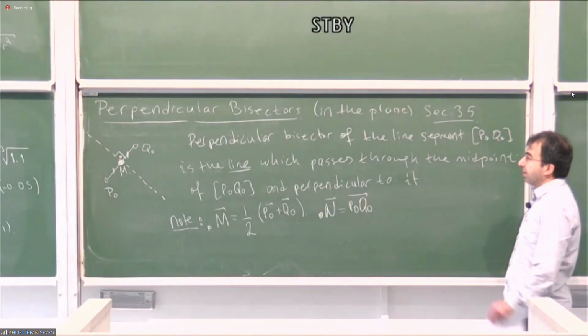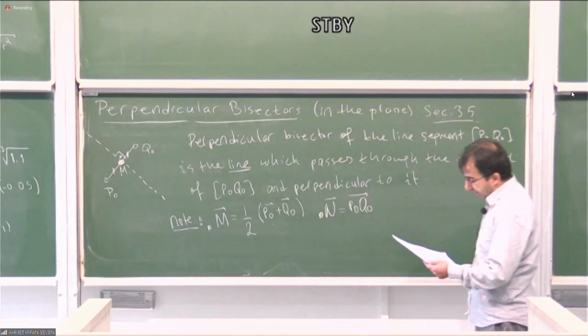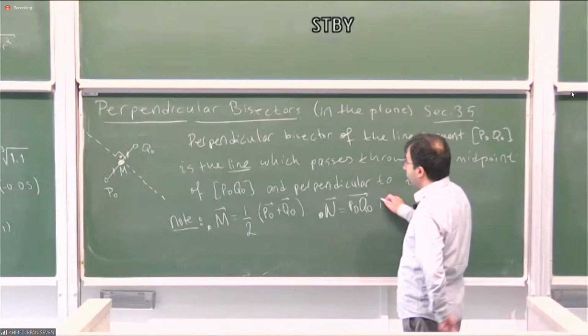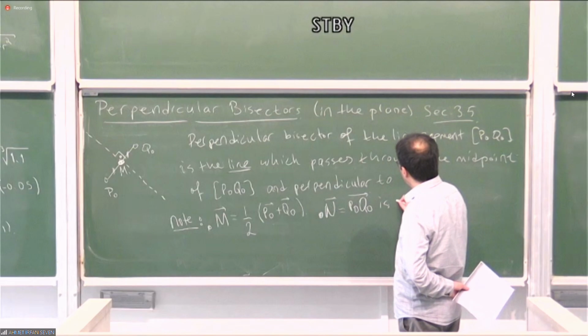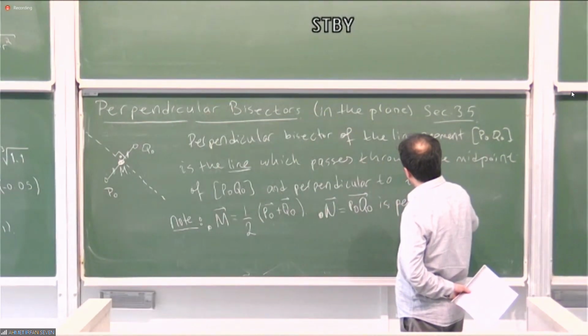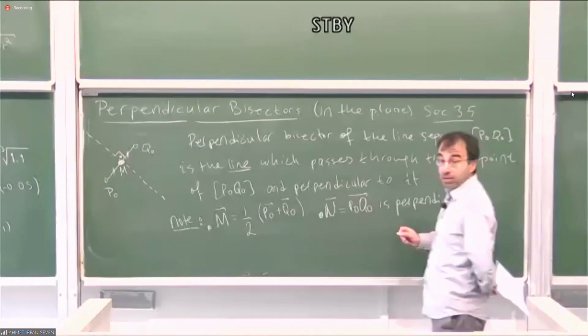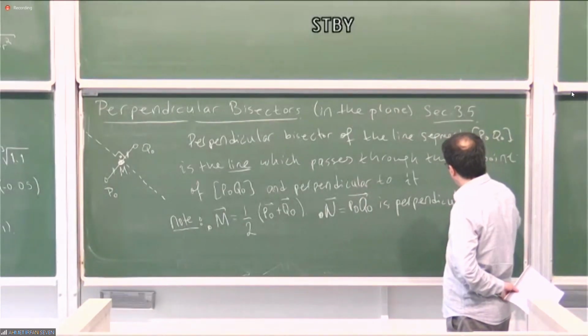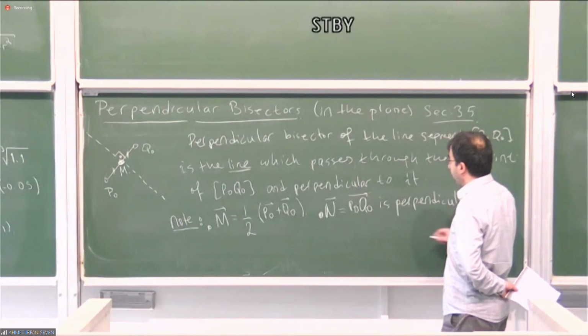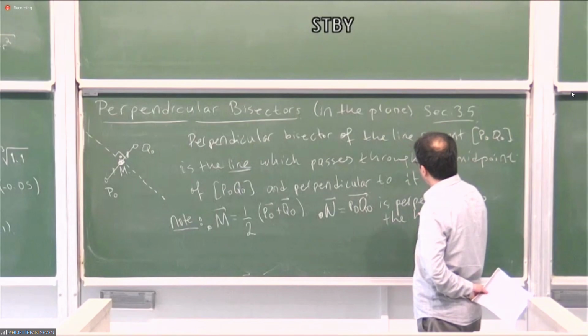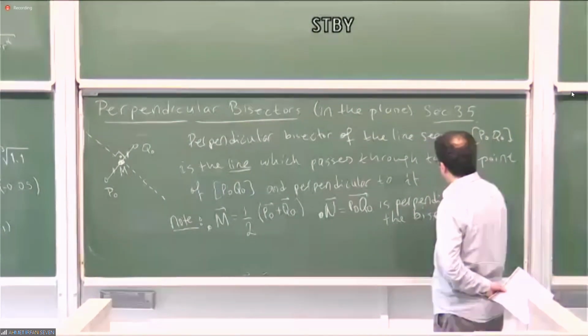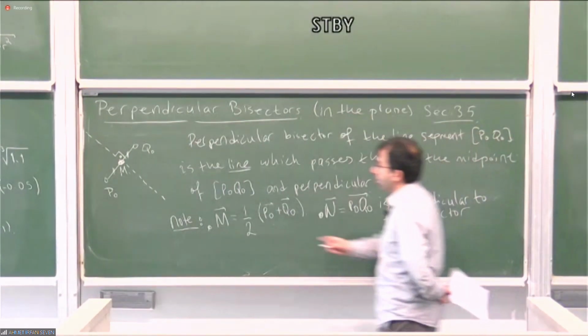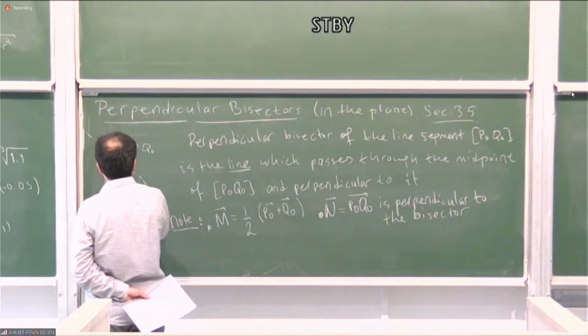This vector is perpendicular to this line. It is perpendicular to the bisector. So the bisector is this line.